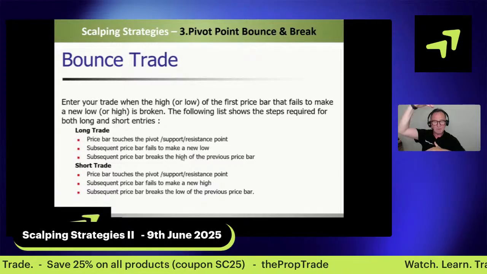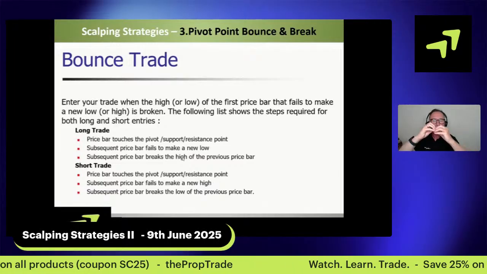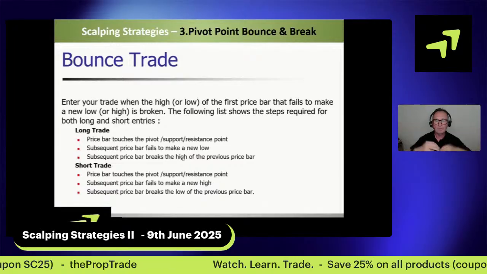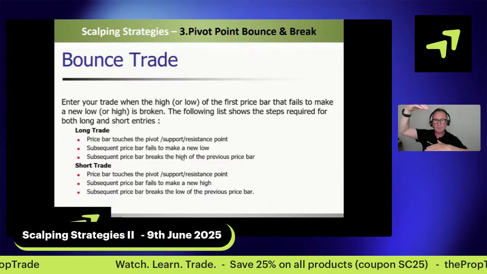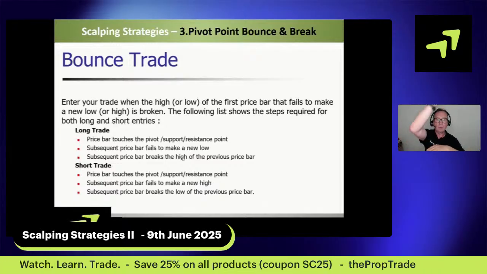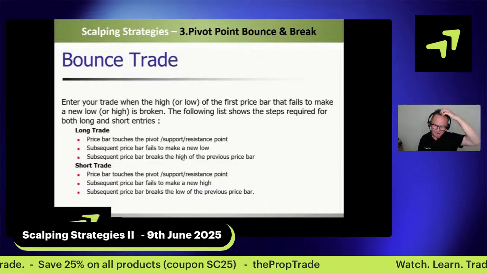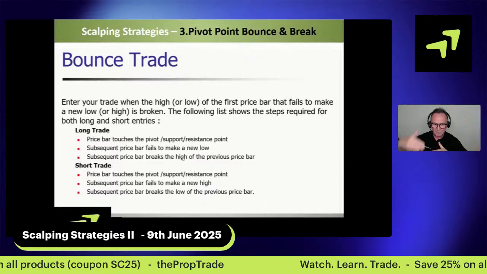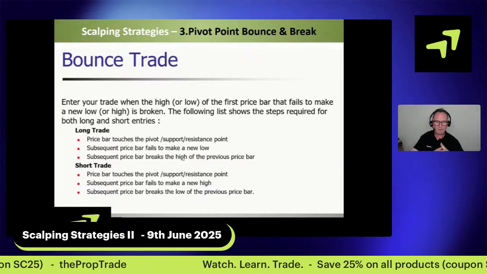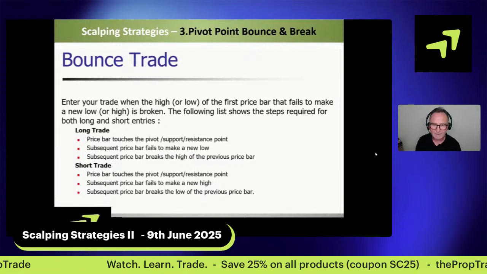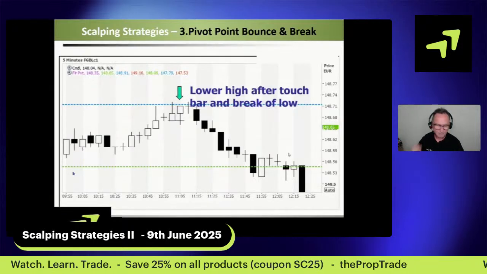And now we've bounced off the pivot or the resistance or the support. So whatever it is, the line has provided a bounce. So we're going long. Okay, a short trade is the other way around. We failed to make a new high, so we're going lower. Let me show you that in detail.